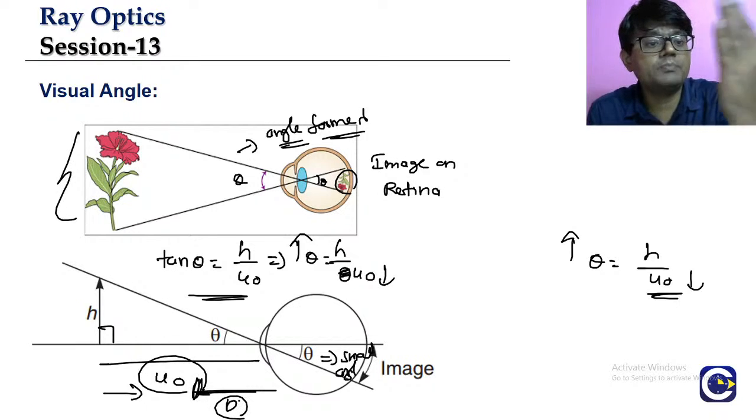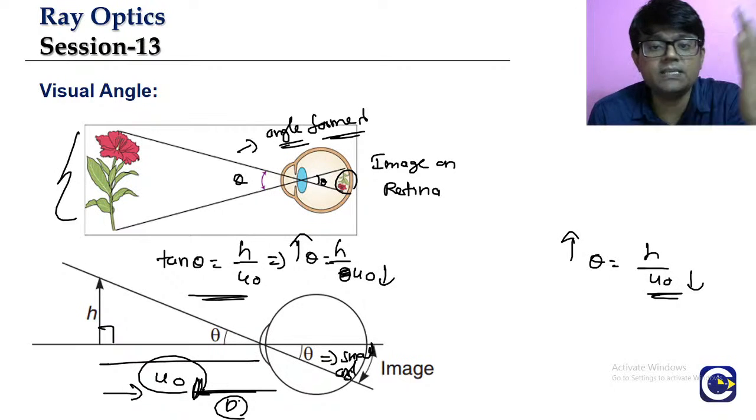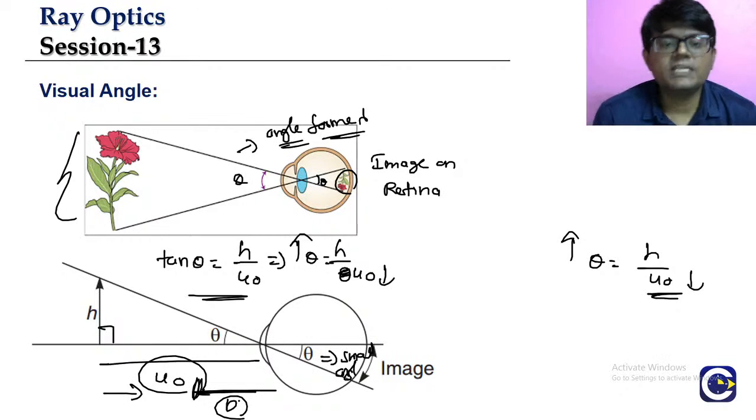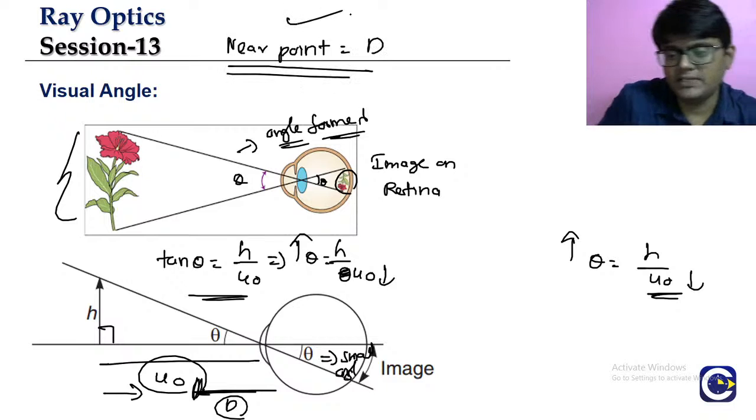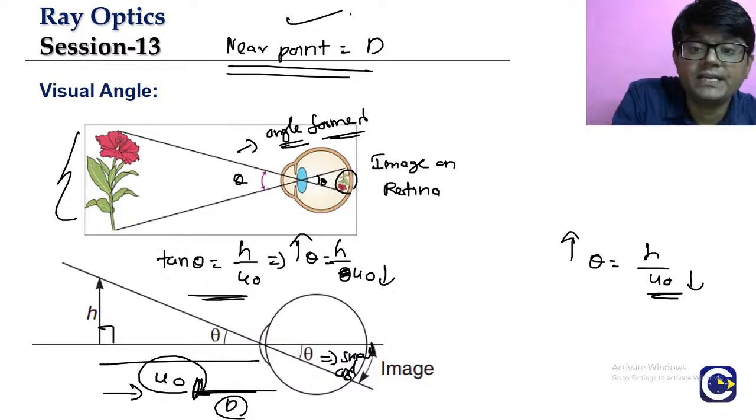If you bring an object closer than this distance, the eye will not be able to see the object clearly. So this distance is generally what we call the near point, and this distance is indicated by capital D.